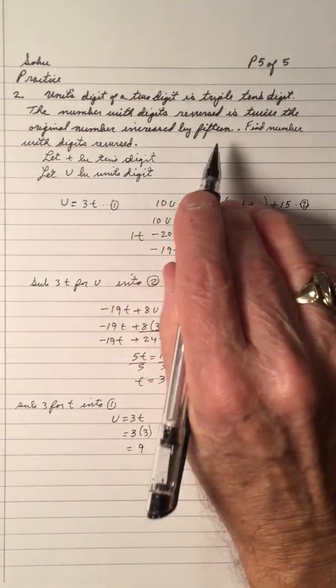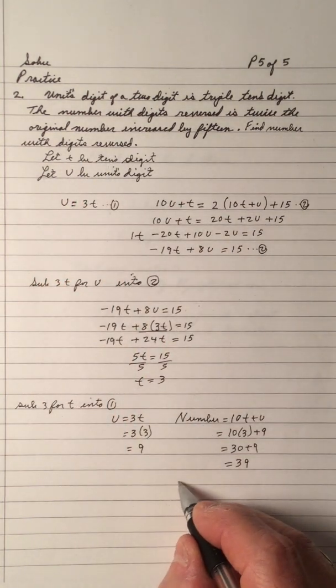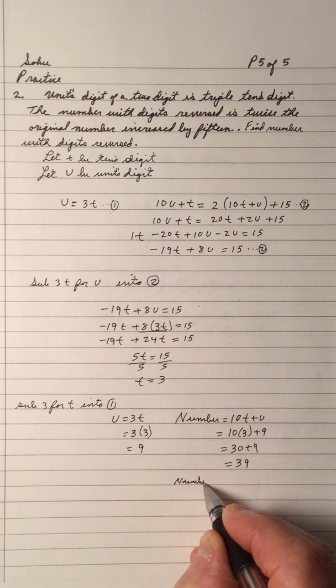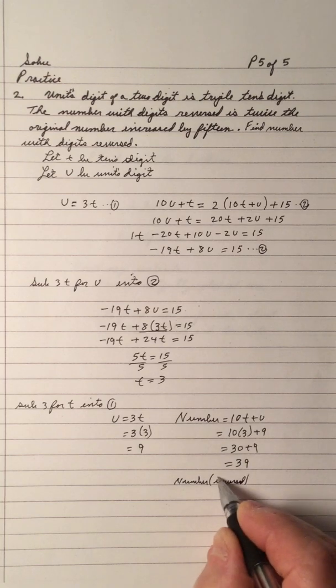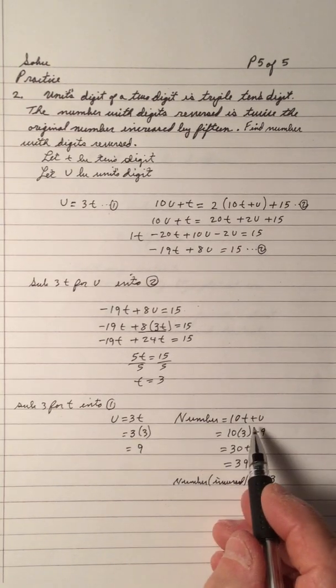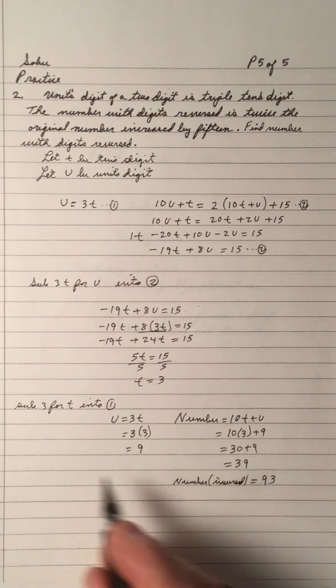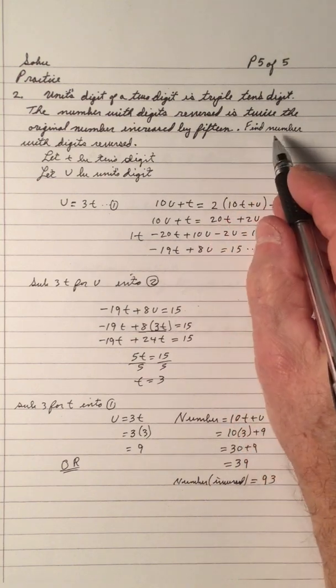Now, it reads, find the number with the digits reversed. So the number, I'm going to reverse digits, is 93. So I could have got the number and then reversed them. Or, watch this, I want the number with the digits reversed.